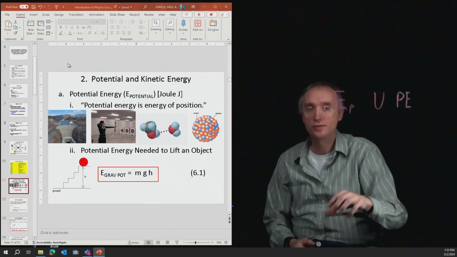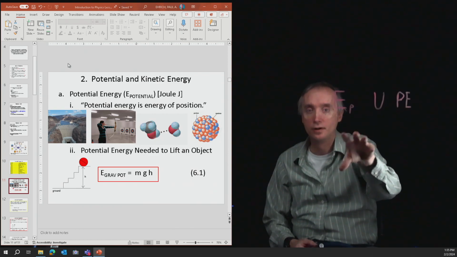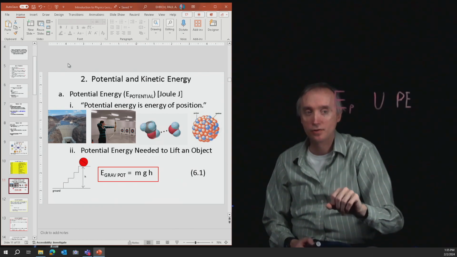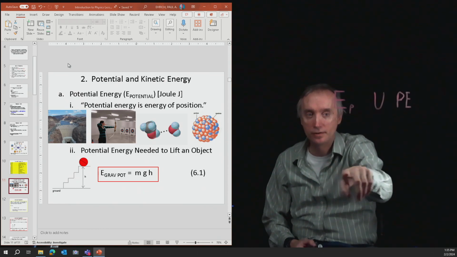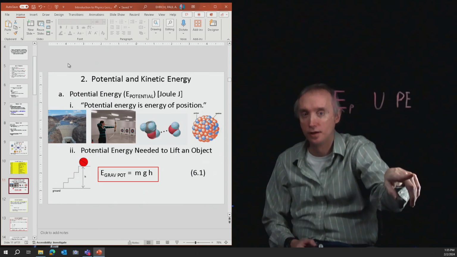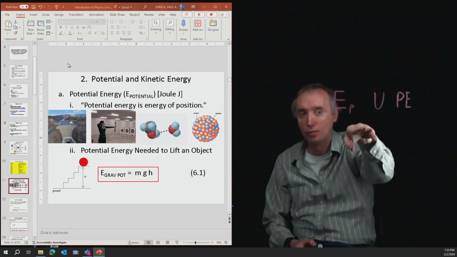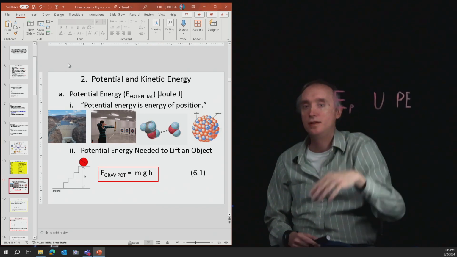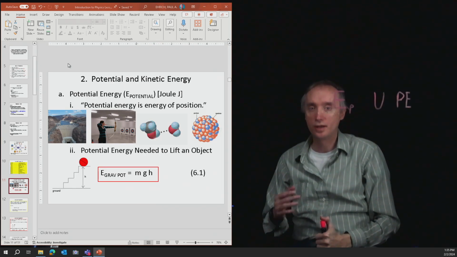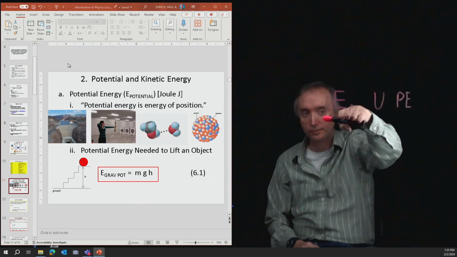It's going to store water behind the dam. That water used to be down in the valley in the river, but when you dam it up, do you see that it's going to be raising that water on the other side of the dam? It's giving potential energy to the water by raising it.